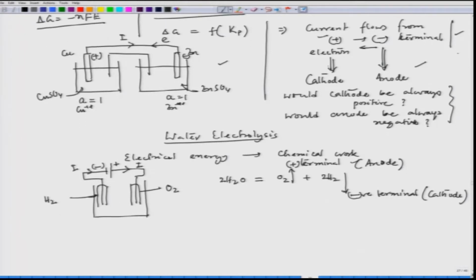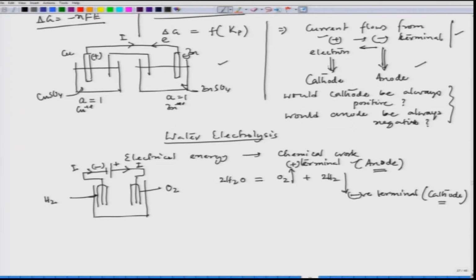Now, in order to understand why this positive terminal becomes anode and negative terminal becomes cathode, we have to understand the cell reaction. And whenever we have a water system, the water is very important, because now I am going to point out the 4 reactions that could be possible in water, provided there is dissolved oxygen.